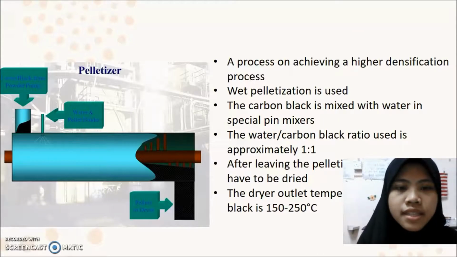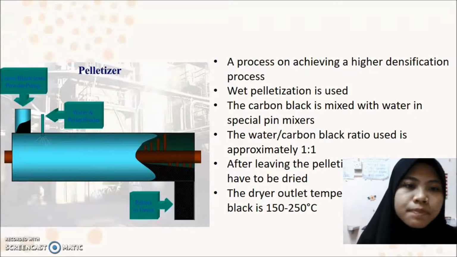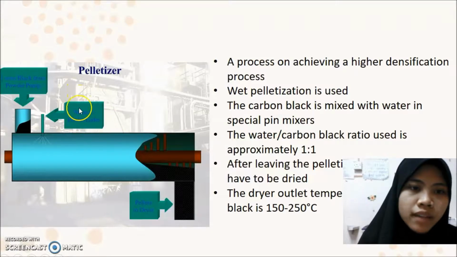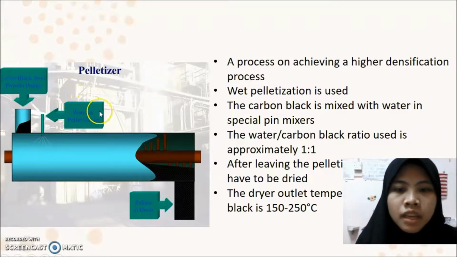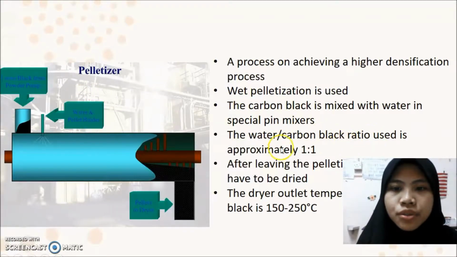The shaft rotates at 300 to 700 rpm, and the pelletization water is injected towards the mixer axis through nozzles situated at different locations along the pelletizer. So this is water injected in the pelletizer. The water to carbon black ratio used is approximately 1:1.